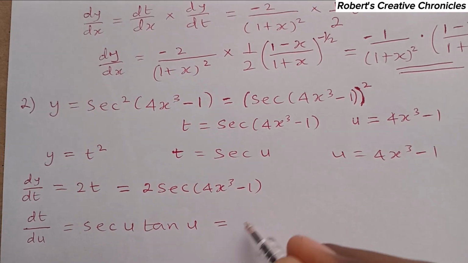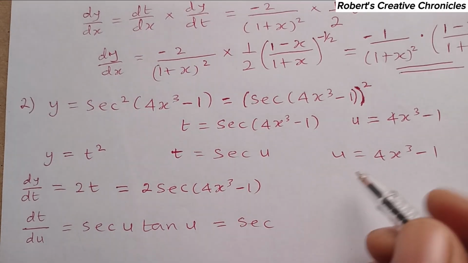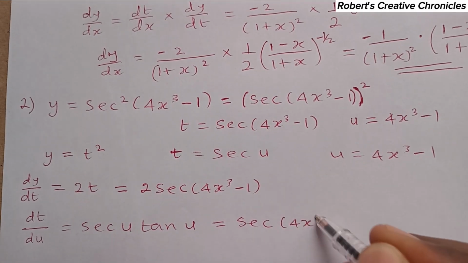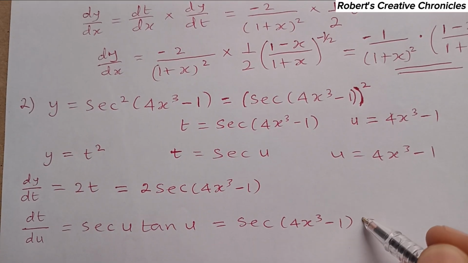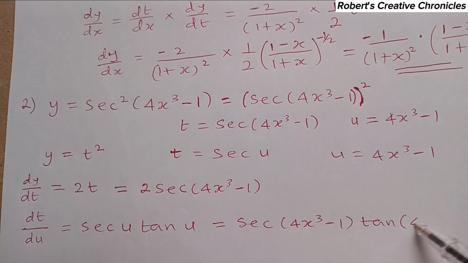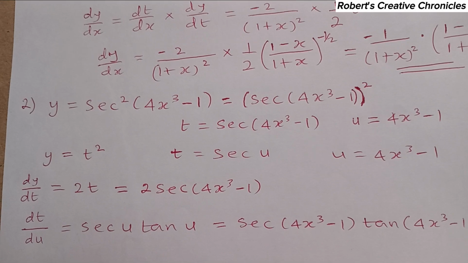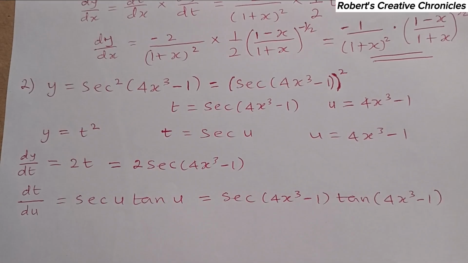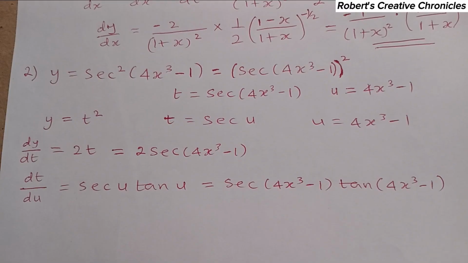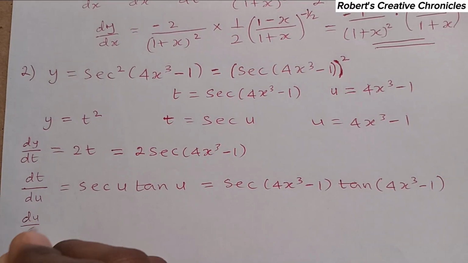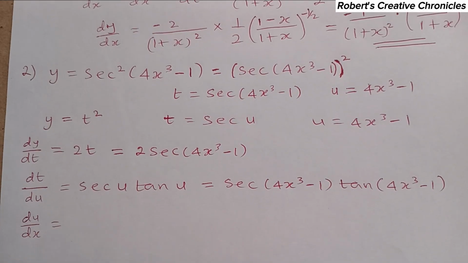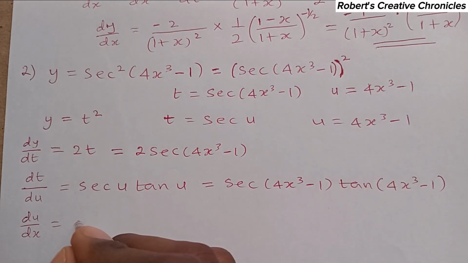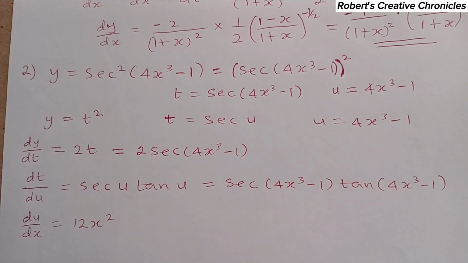We will say this is sec(4x cubed minus 1) tan(4x cubed minus 1). Then the final one, we will say du dx. du/dx is what? This is 12x squared minus 0.